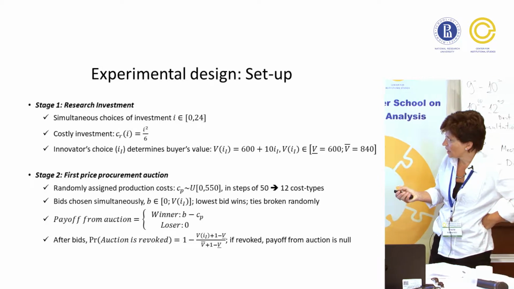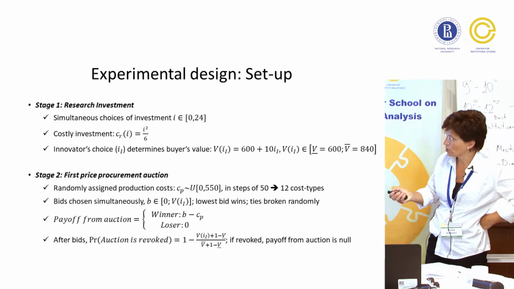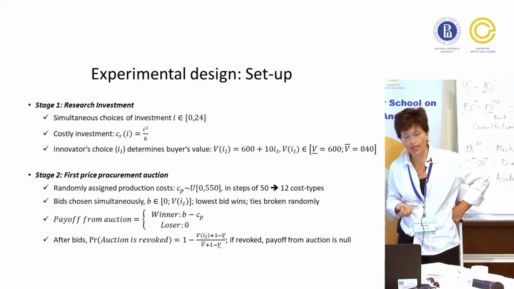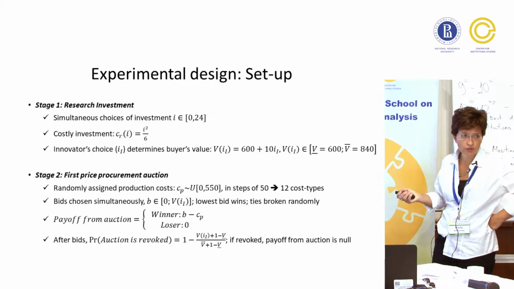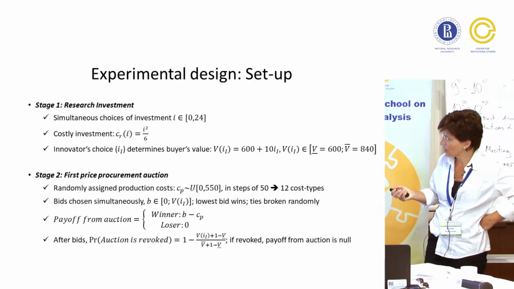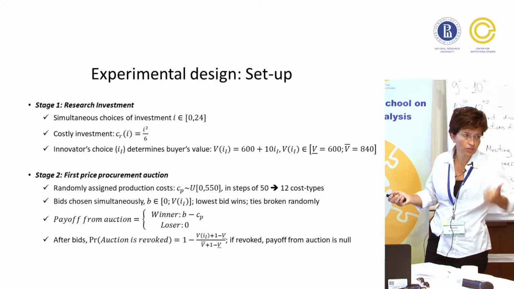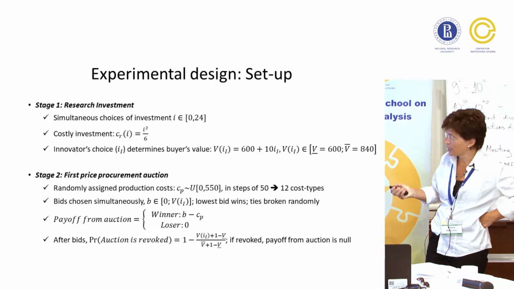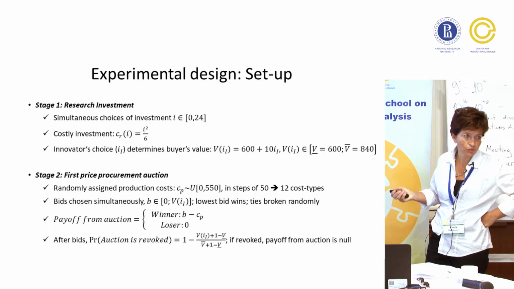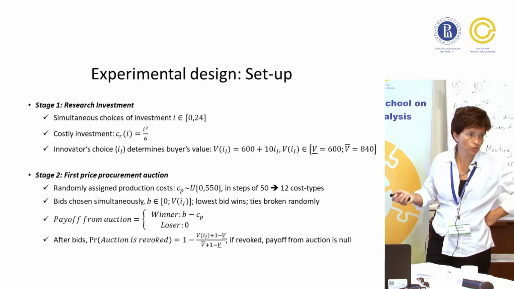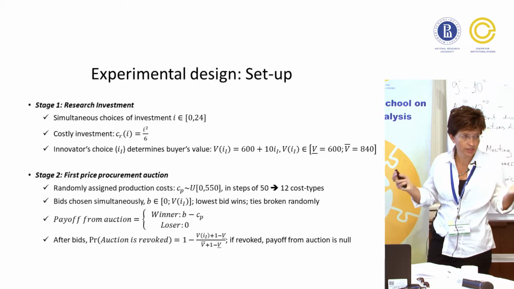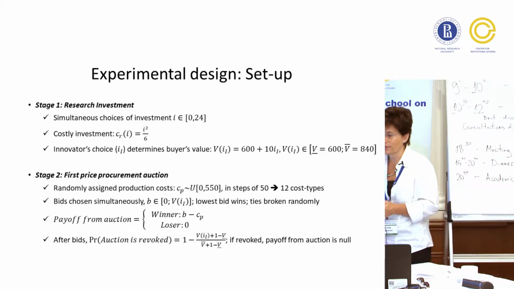With a level of investment between 0 and 24, this formula determines the buyer value. The value for the buyer could be between 600 when the investor chooses 0 investment level, and 840 when the investor chooses the maximum amount, which is 24. Okay? So this is the range of the buyer value.